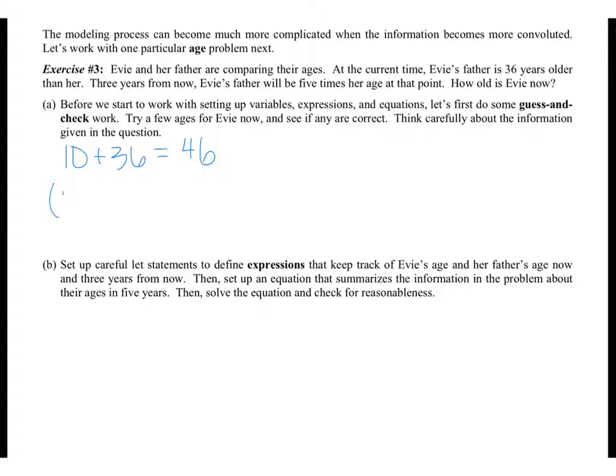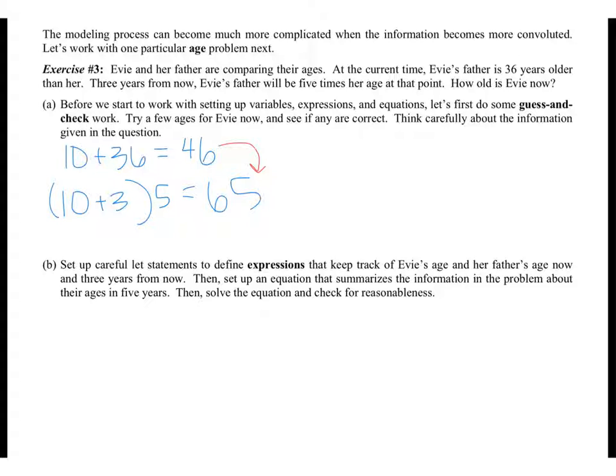So we're going to take 10 plus 3 and 5 times that to find her father's age, which would be 13 times 5, which is 65. So is it true that 46, 3 years from now, would be 65? That does not make sense. So it can't be 10. You could try other numbers if you'd like.